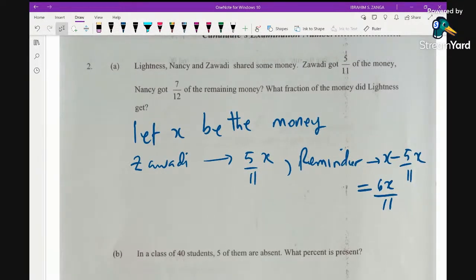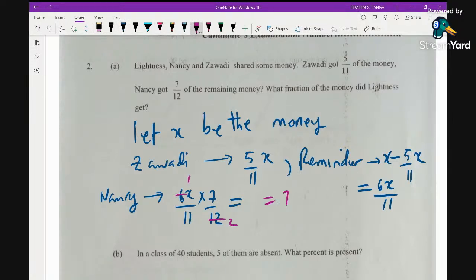And Nancy got 7/12 of the remaining money. So Nancy actually got 6x/11 times 7/12, which, when you simplify by 6, gives 7 over 22 x.